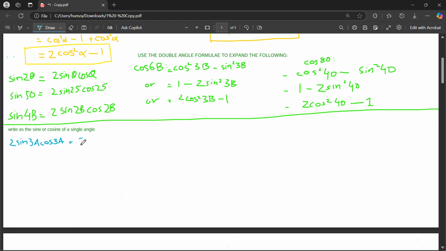So we can write this as sin 2 times 3a, and this is the same as your sin 6a.